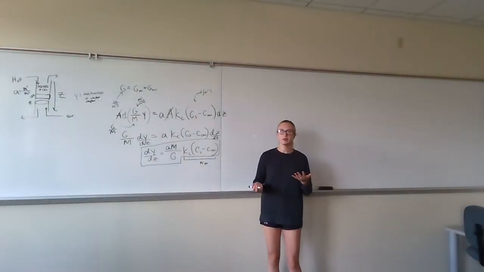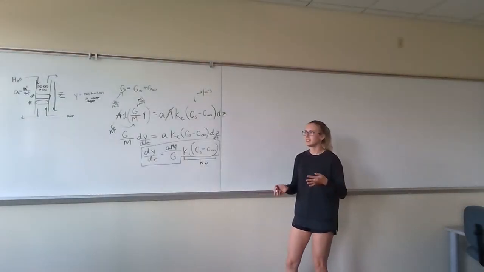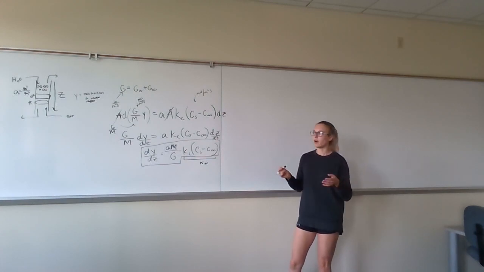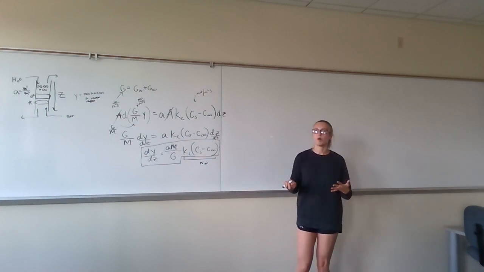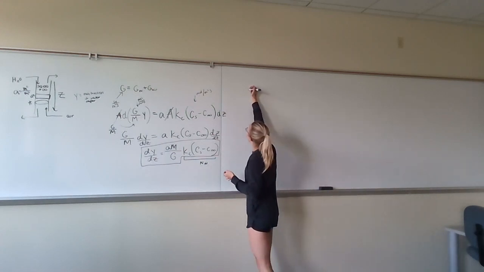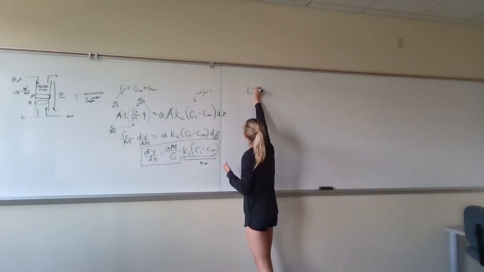So the next thing that we're going to solve for is the change in temperature of both the gas and the liquid phases with respect to position. So I'm going to start with how the temperature of the water changes with respect to position. In order to do this, I first need to define a new term.